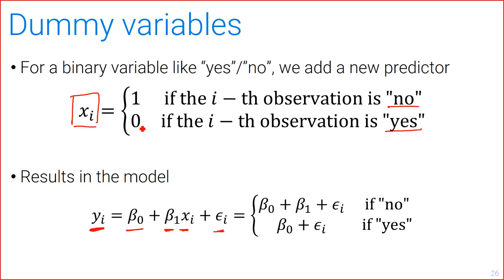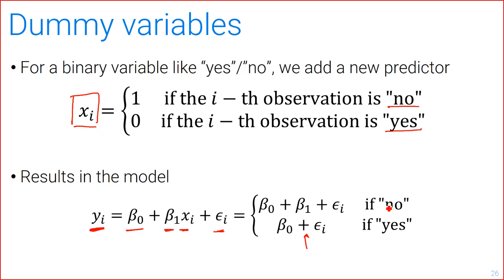Now if we look at the values for X, this model is actually one of these two variants: either beta 0 plus the residual in the case of yes, because X would be 0, so this beta 1 is removed. If X equals 1, then beta 1 is in the model, because X equals no.